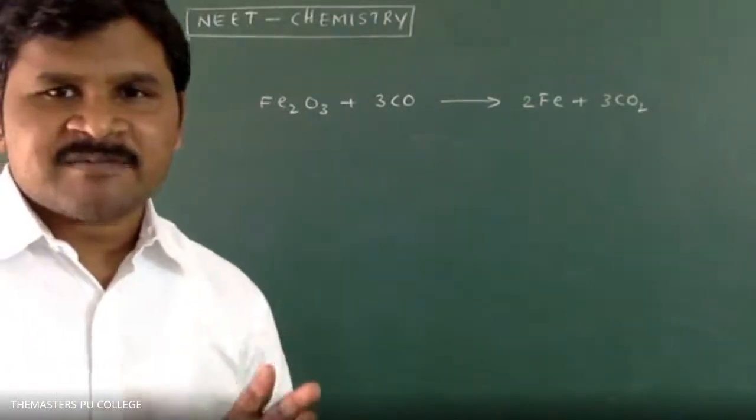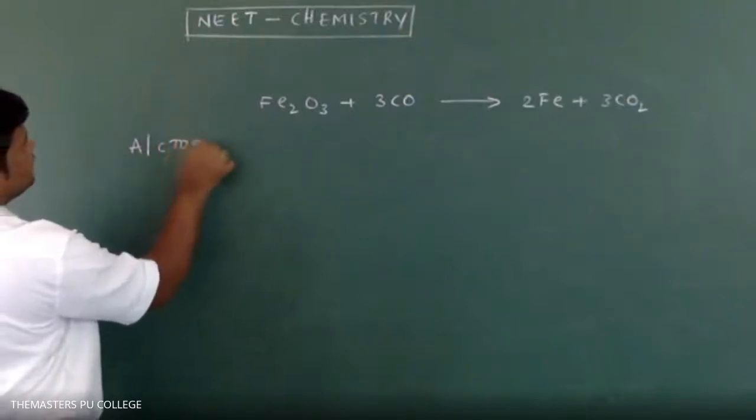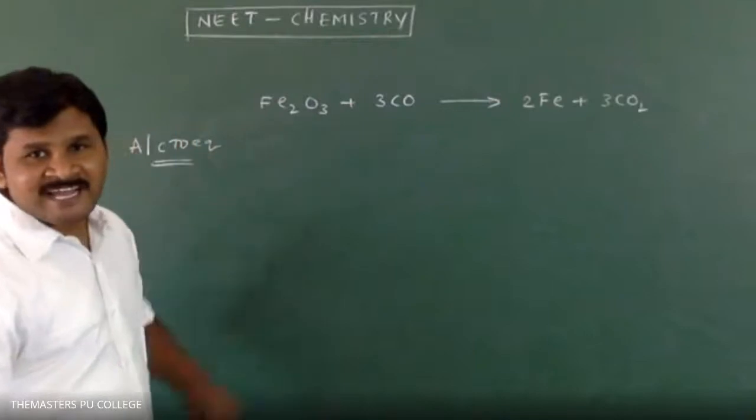Here HTP means the volume we have to take is 22.4 liters. According to the equation, how many moles of Fe2O3 do I have? 1 mole.